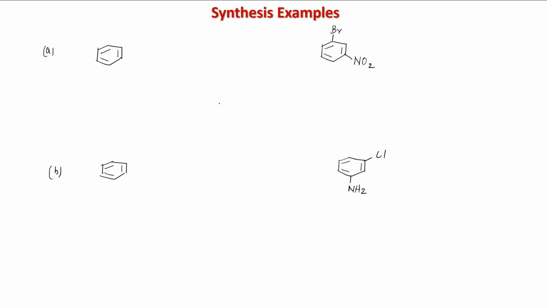So if we look at the first synthesis here, where benzene is converted into a derivative, and now the derivative has two substituents on it, a bromo group and a nitro group, we can identify that we need to do two reactions here. We have to do a bromination and a nitration.